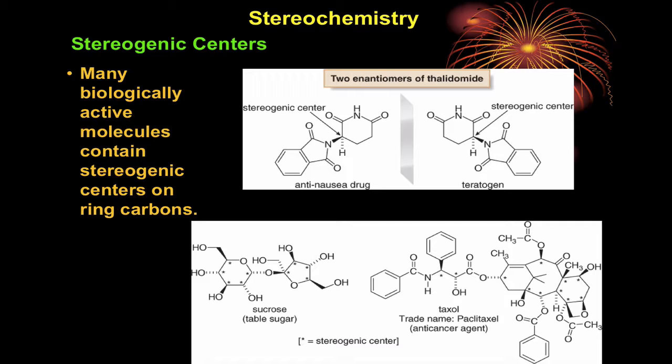Because how many different configurations do we have at each one of these centers? We can either have the right-handed or the left-handed, right? So I can have right-handed or left-handed here, right-handed or left-handed here, right-handed or left-handed there. If I do this at random, it turns out it's 2 to the number of chiral centers, molecules that I would actually make. So 2 to the 1, 2, 3, 4, 5, 6, 7, 8, 9. 2 to the 9th. Plug that into your calculator real quick.